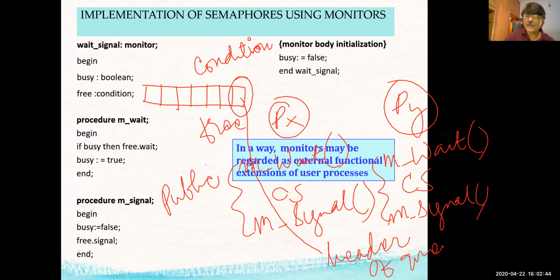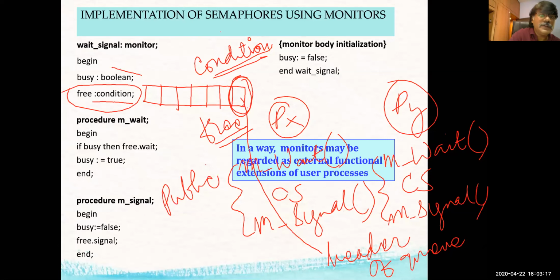But the unique thing in monitors is that it has something called a condition. This condition is a queue, or this condition is a header of a queue, as I have written here. So condition is nothing but the header of a queue. The name of that header of the queue is free here. So when I say free dot condition, you should understand that free is the name of the header of the queue.